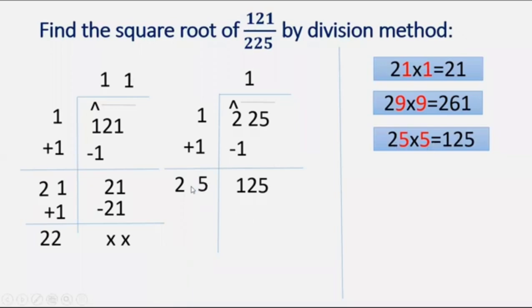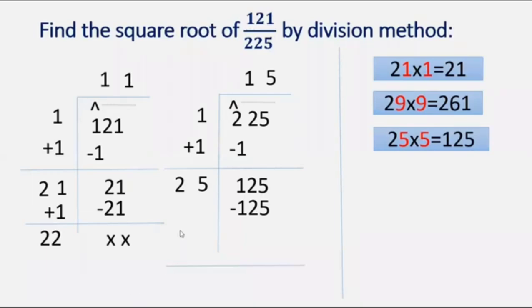So we get 25 into 5 is 125. Clear? And the number which is multiplied here is 5. So on the left hand side, we have to add 5, not 25. What we have to add here? We have to add 5 over here.